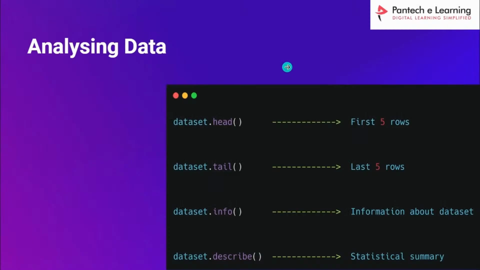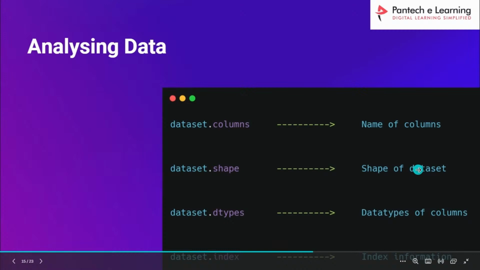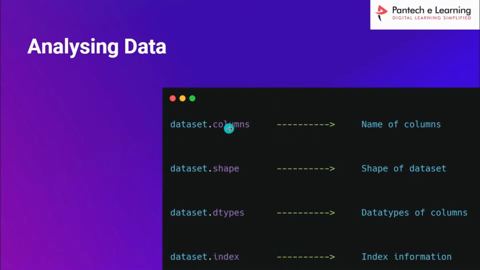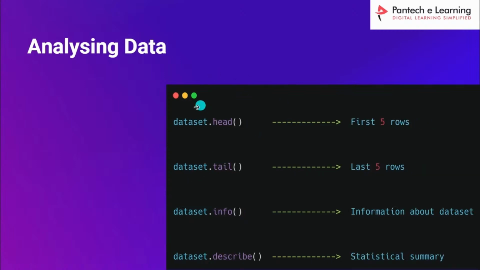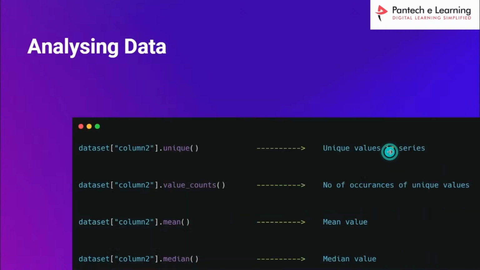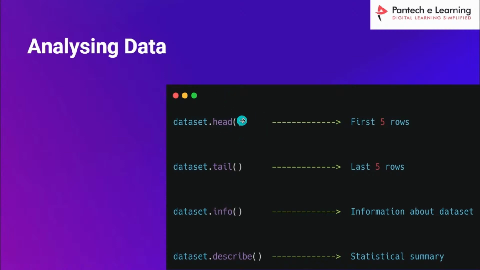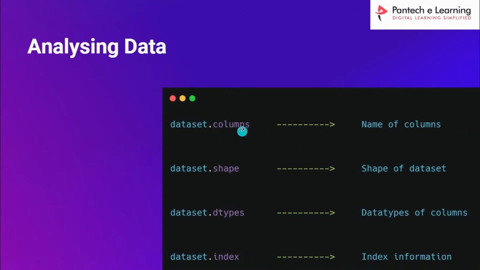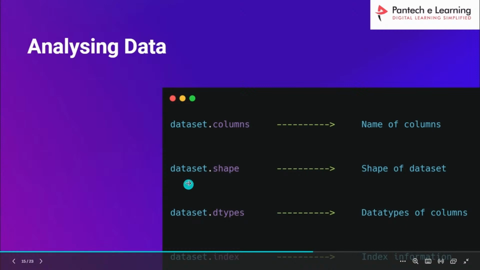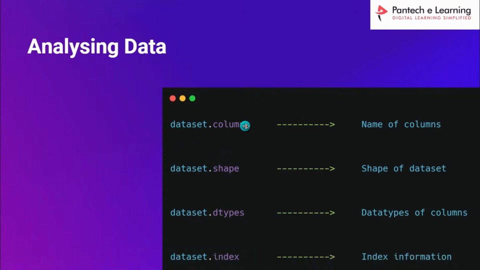We'll be seeing about it, and then we'll see another analyzing tool, which is dataset.columns. The things like .info are methods inside this data frame, which is a Python class, and inside it you have methods, so you have to use parentheses. These are attributes, so you don't have to use any parentheses here. You can use .columns to get a list with all the column names.